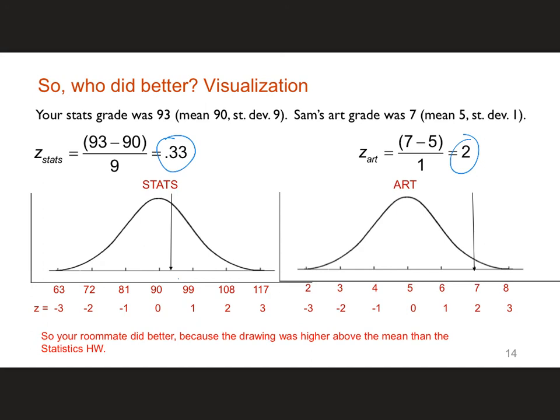So you realize that 2 is far to our right than 0.33. So then your roommate did better because the drawing score was higher above the mean than the statistics. So looking at where our mean value is, a z-score value of 2 is much higher above the mean than a z-score value of 0.33.